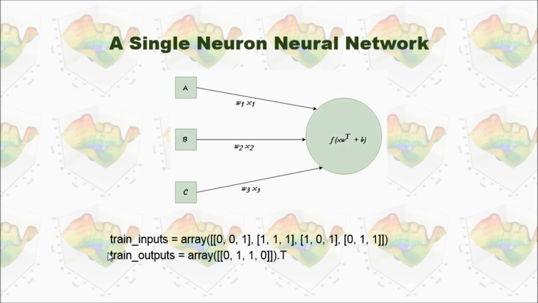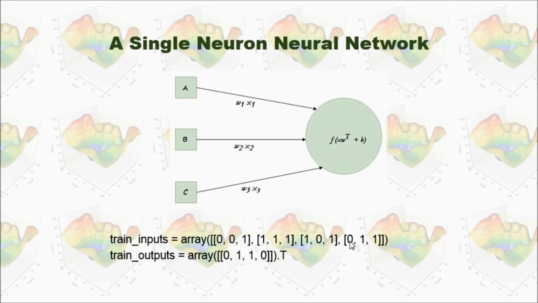Let's take a look at this training set. You can see the training input here starts with 0 for the first example, and the output is 0. And then the second training input starts with 1, and the output is 1. And the third one, the first input of this array is 1, and the result is 1.